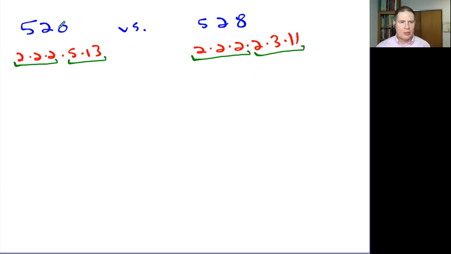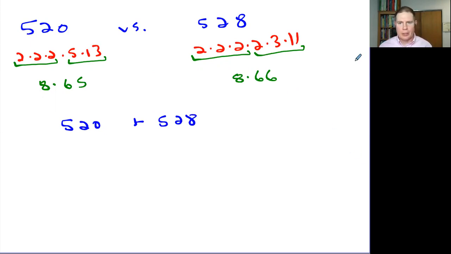So I can factor 520 as 8 times 65. I can factor 528 as 8 times 66. So this would be kind of silly to do what I'm about to do, but it illustrates the point. If I wanted to add 520 plus 528, I could just go off to the side and add it, right? But if I wanted to, I could factor this 520, 8 times 65, 528, 8 times 66.